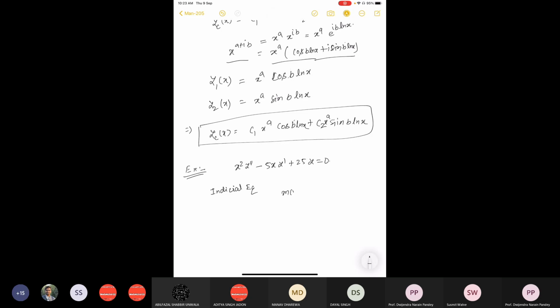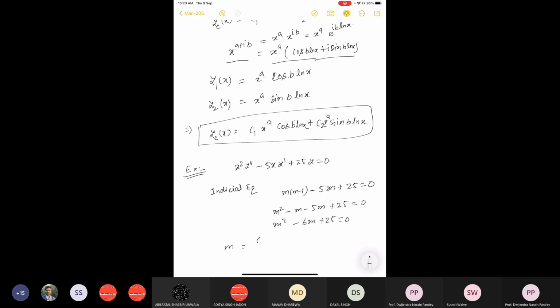Find out the indicial equation like m into m minus 1 plus alpha m. Alpha is minus 5, so minus 5m plus 25 equal to 0. So we solve this: m squared minus m minus 5m plus 25 equal to 0. So m squared minus 6m plus 25 equal to 0.